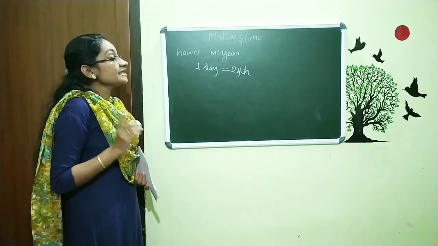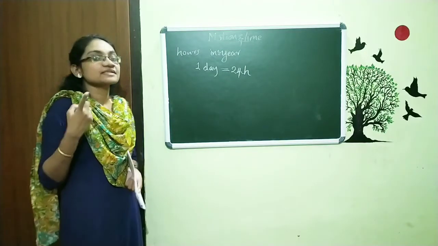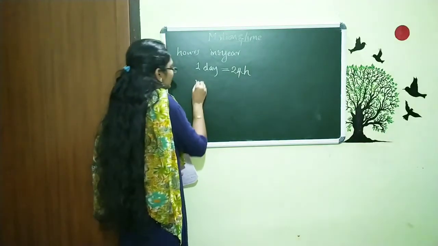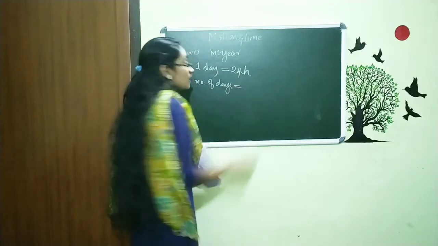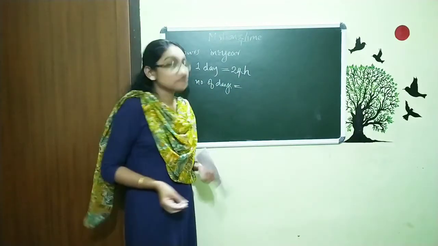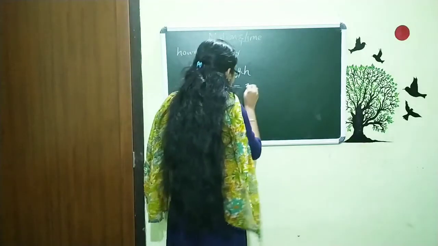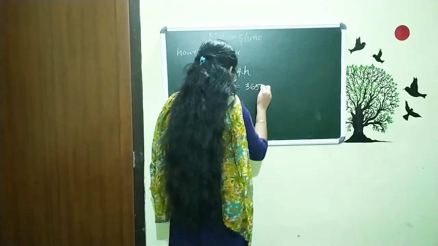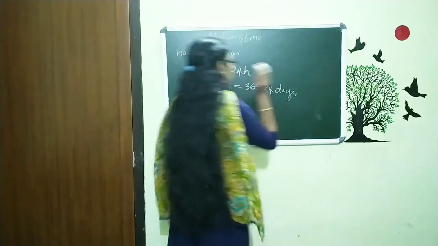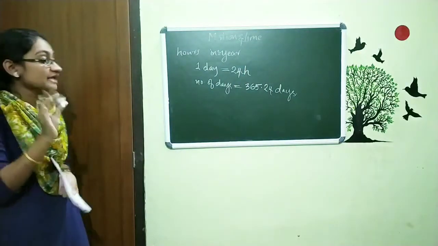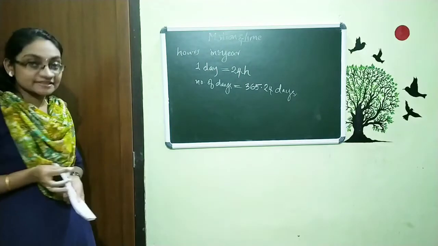Now we want to find the number of days present in 1 year. How many days are there in 1 year? We have 365.24 days. This is actually the accurate value of the number of days present in 1 year.